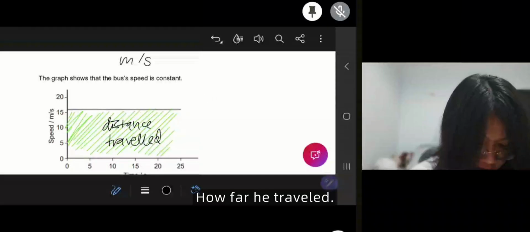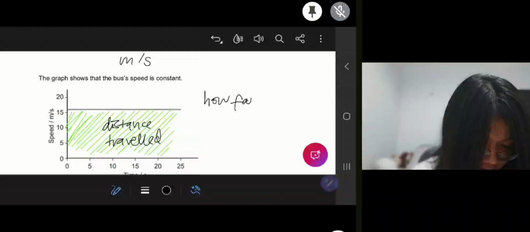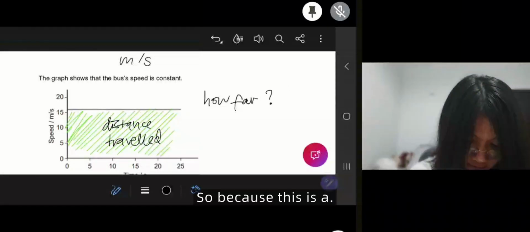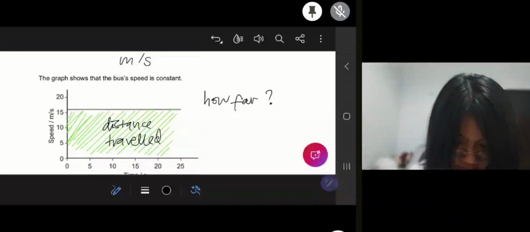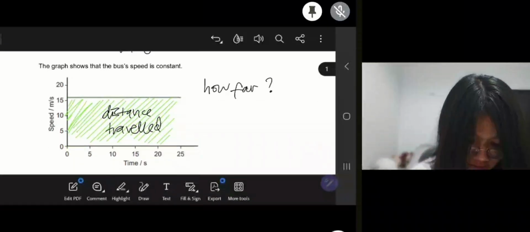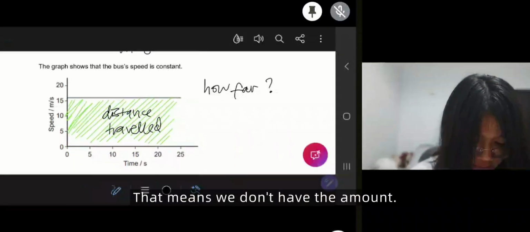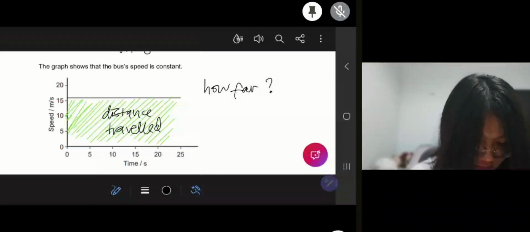And then they ask how far he traveled. So because this is a speed time graph, that means we don't have the amount of distance he traveled.